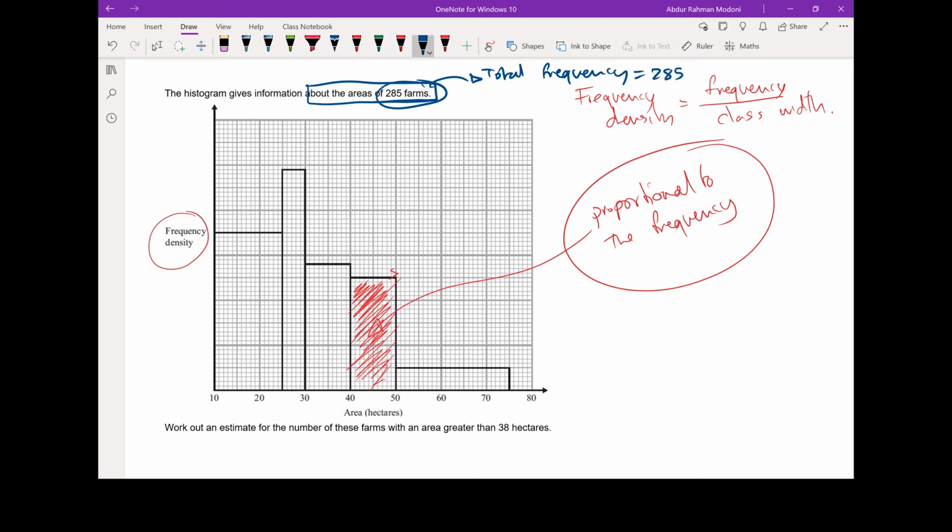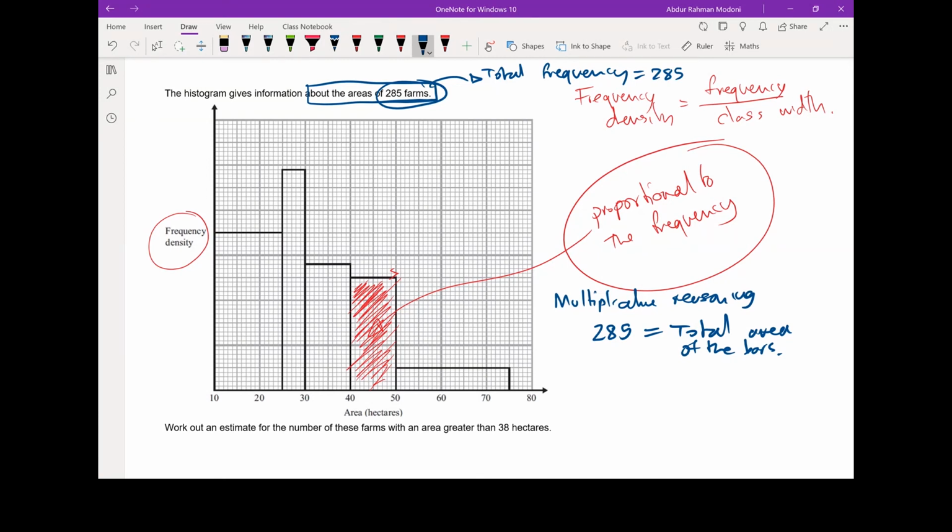So if the total frequency is 285, it can be represented by the total area of the bars. What this enables us to do is start the process of multiplicative reasoning. So let's find out what the total area is for the bars.